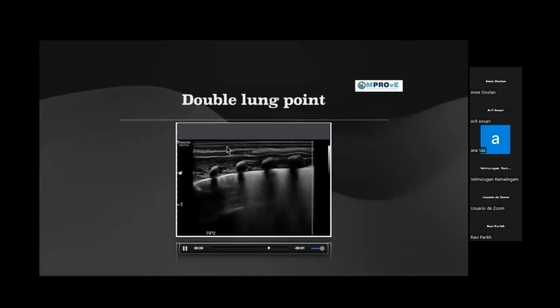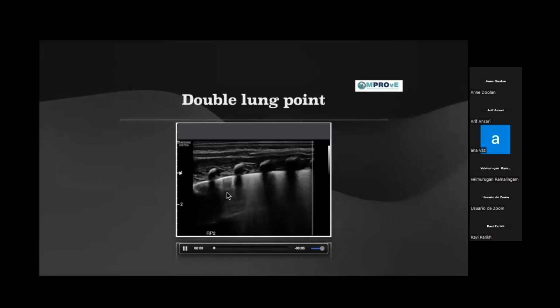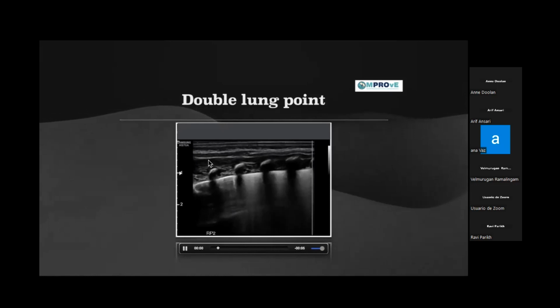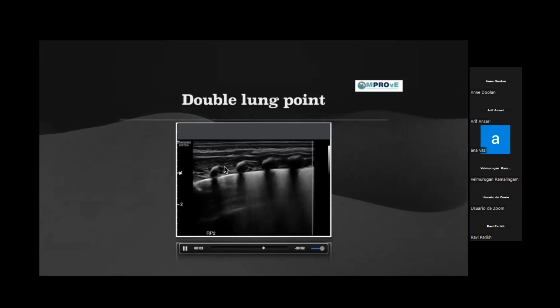If I say here, this part of the lung, I don't know if it is clear to you guys on your screen, but you can see A lines and 3 to 5 B lines coming in here, like a normal lung. So that's an A profile. Whereas here you cannot see any A lines, can we?